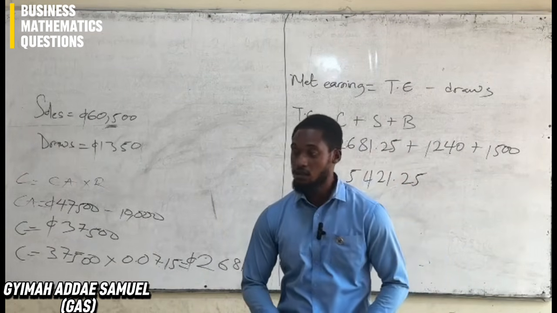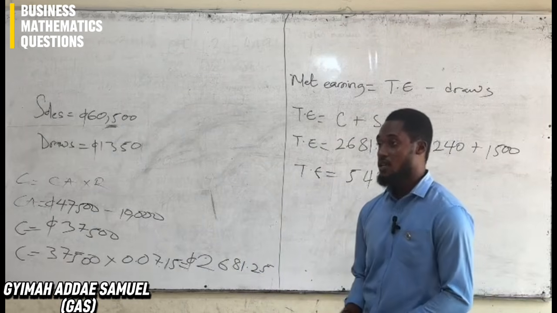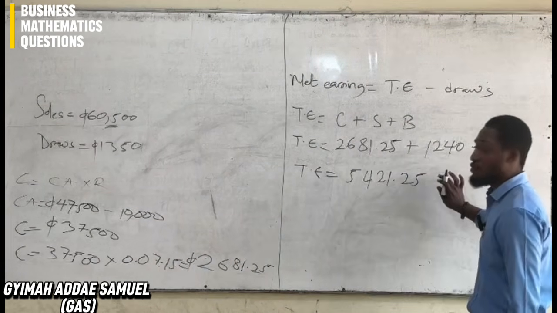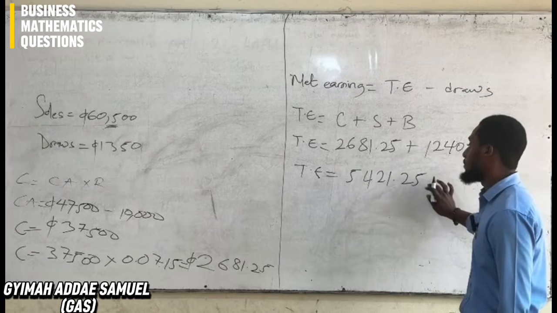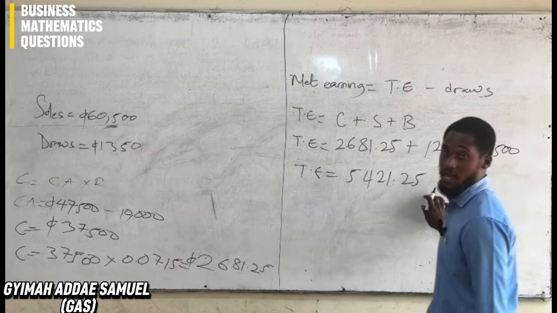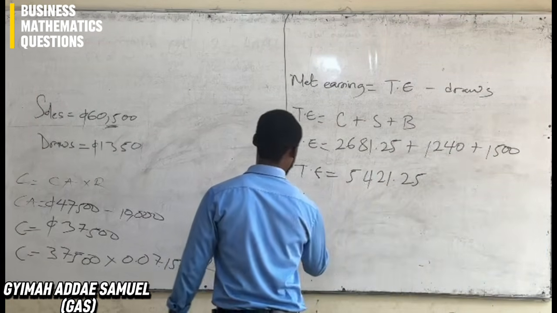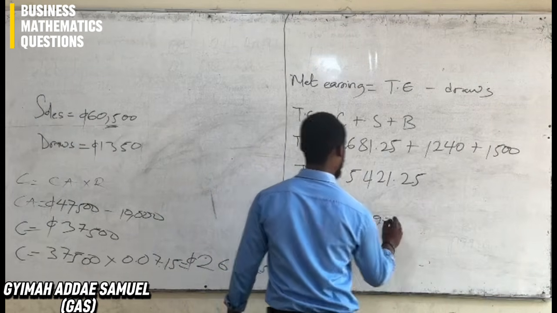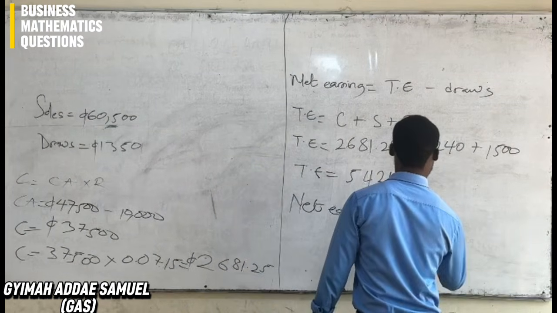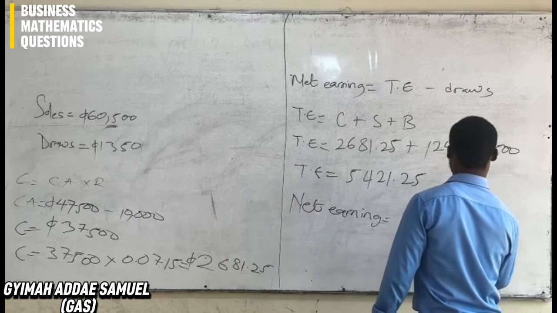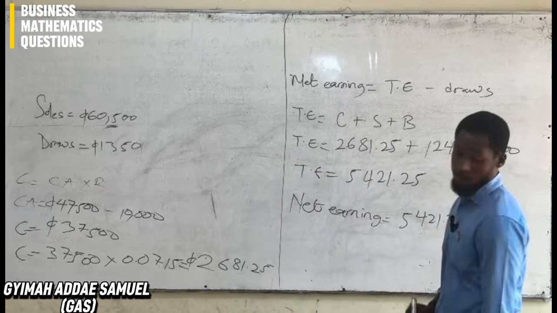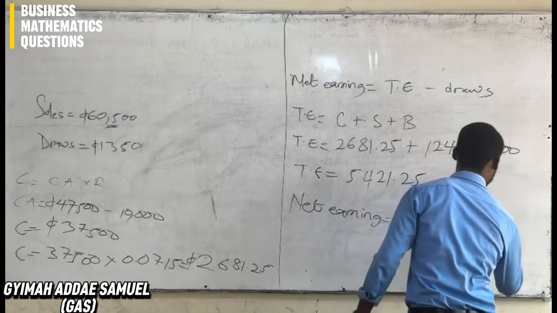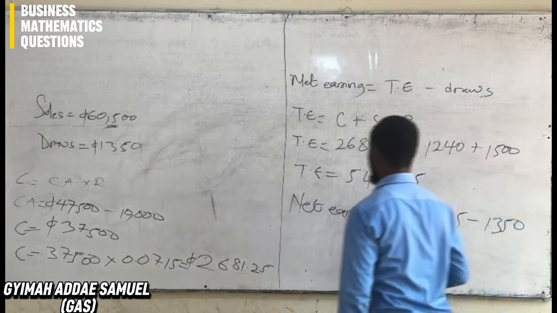So our net earning here is, we will be subtracting the draws provided in the question from the total earning to get our net earning. And the draws given in the question is 1,350 Ghana cedis.